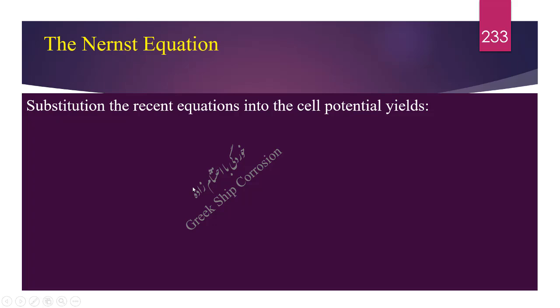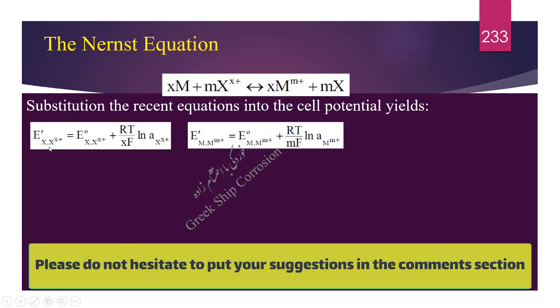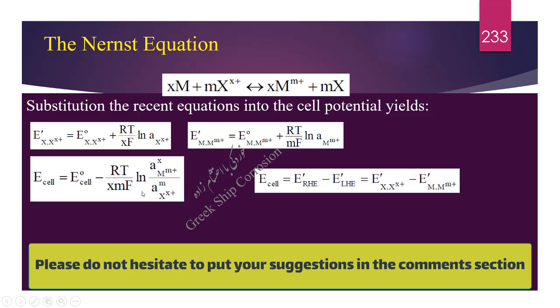Substitution of the recent equations into the cell potential yields E prime X^(x+) equals E naught X^(x+) plus RT over x F ln the activity of X^(x+), and E prime M^(n+) equals E naught M^(n+) plus RT over m F ln the activity of M^(n+).